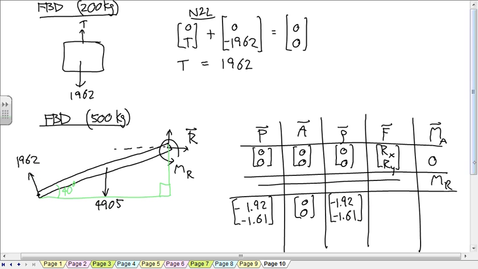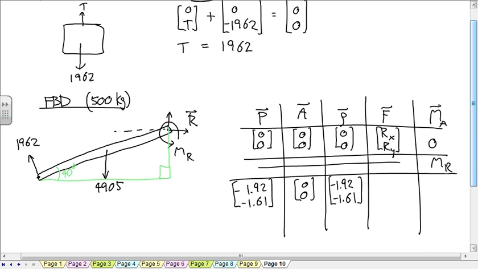That force vector is, let's see, 220 minus 90, or if you go from here, you could think of it as 40 plus another 90. So cosine and sine of 130 times 1962. So what do you get for that?